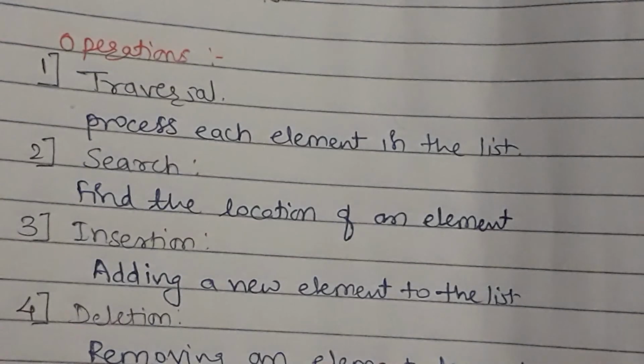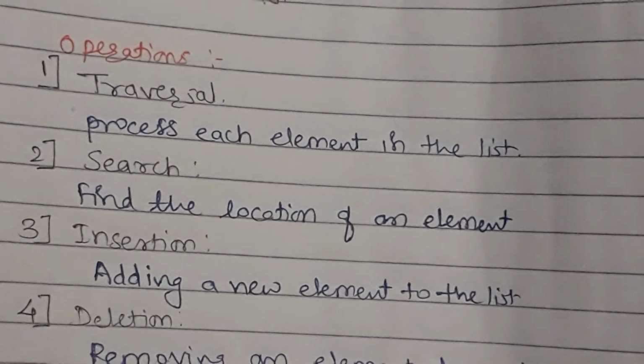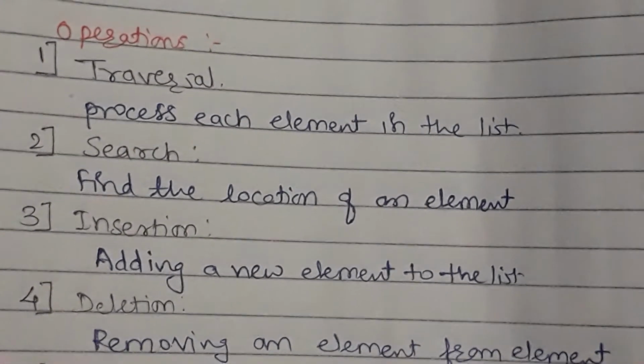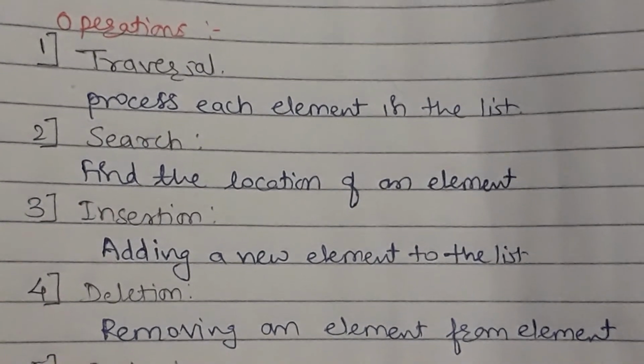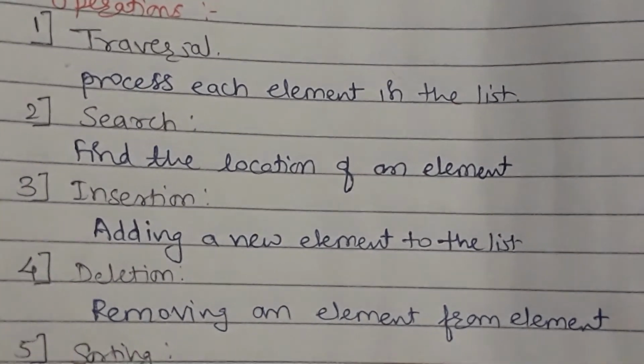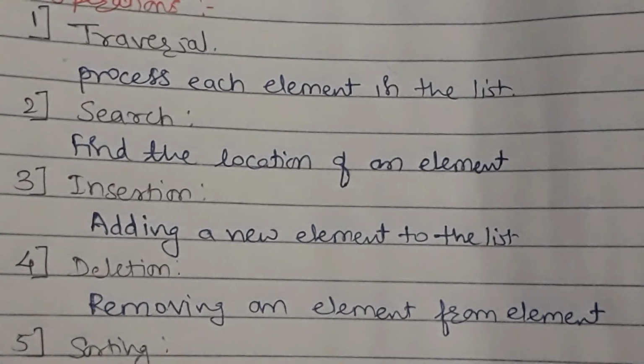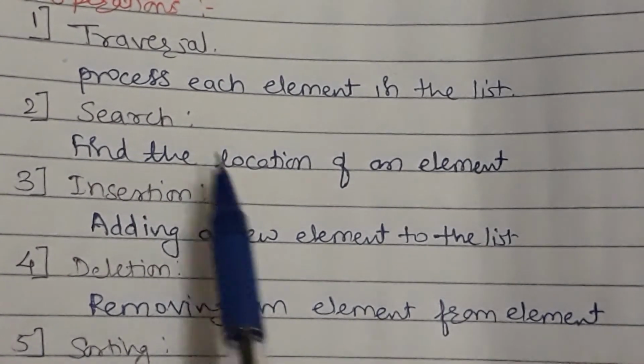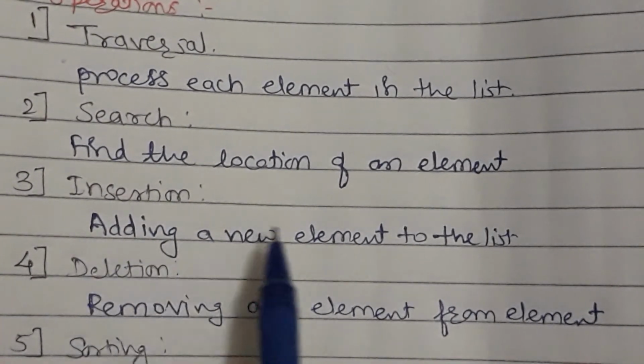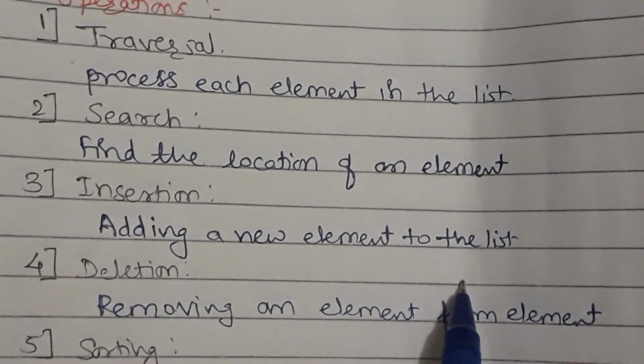Now the operations of a data structure. The first operation is traversal, which means processing each element in the list. The second operation is search. It means we have to find the location of an element, or find whether the element is present within that list or not. Insertion means adding a new element to the list.